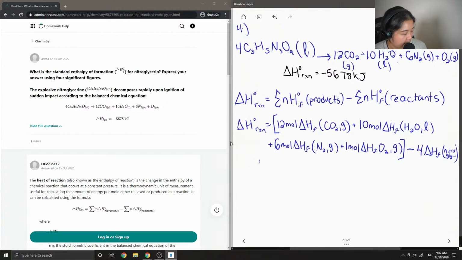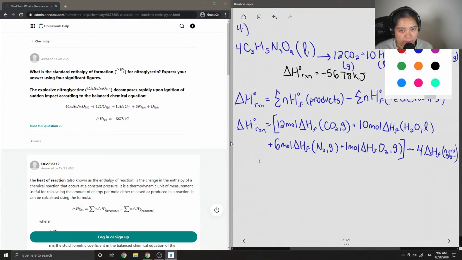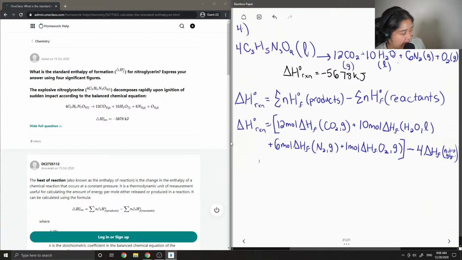Okay, so before I look up all the standard enthalpy values, first let's recall that when we have an element in its elemental state, such as nitrogen and oxygen, they have N2 gas and O2 gas. Their enthalpies are equal to 0.